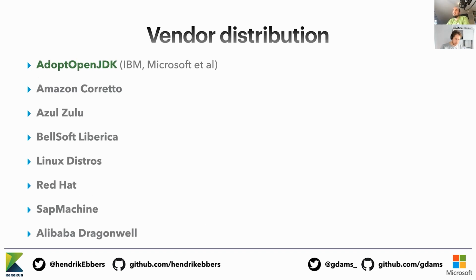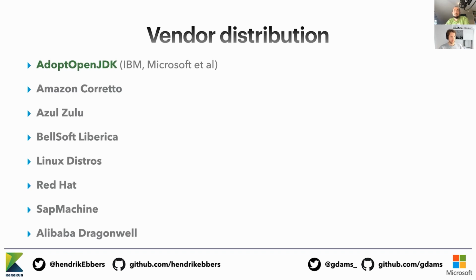We have different Linux distributions that provide OpenJDK builds in their repositories. We have companies like Azul or Bellsoft that provide OpenJDK builds and even provide commercial support for them. We have companies like Amazon that offer Corretto, or Red Hat and SAP who provide builds too, or for example, Alibaba.